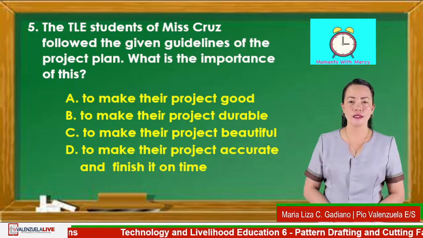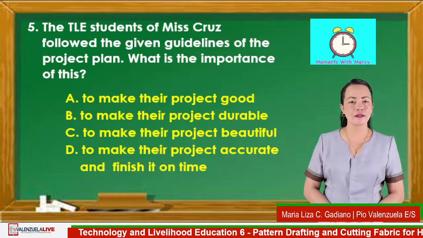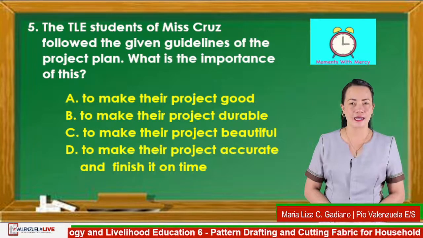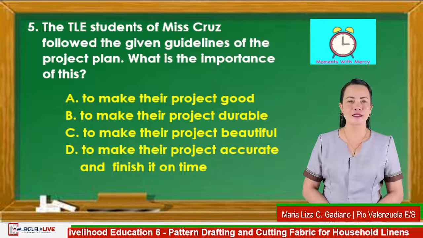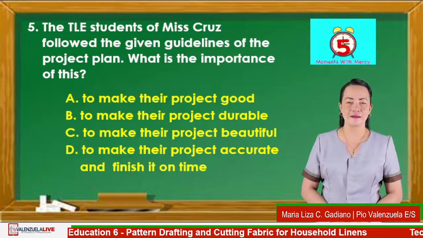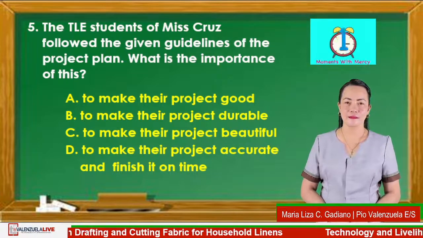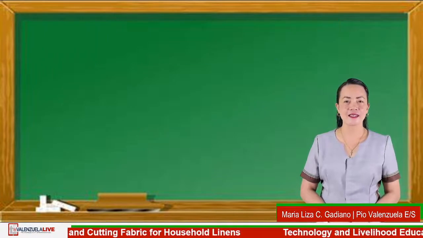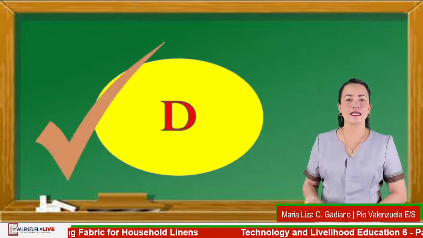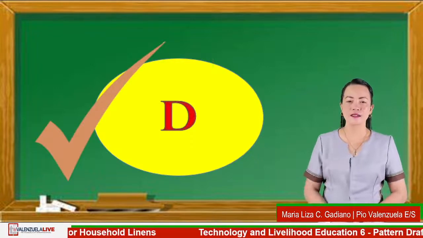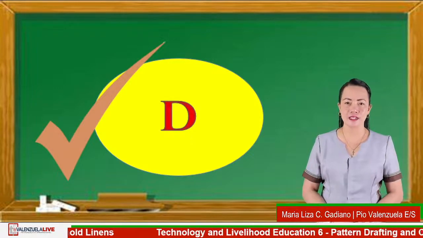Or D. To make their project accurate and finish it on time. Your 5 seconds timer starts now. The answer is letter B, to make their project accurate and finish it on time.